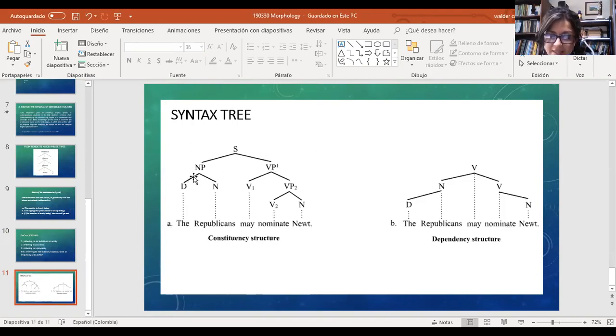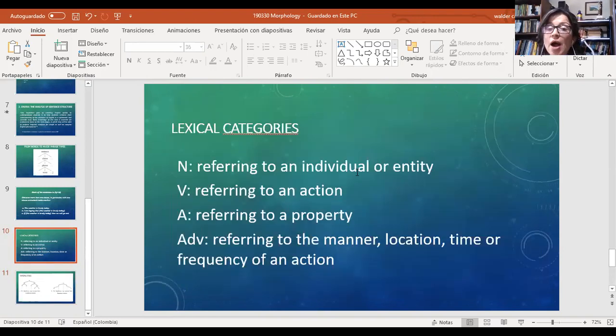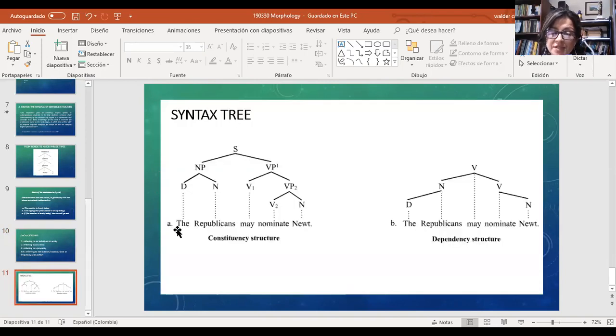A noun phrase can have a determiner and a noun. Here we see a noun referring to an individual or entity, but most of the time in English you need the determiner. So here you have the determiner, a lexical category, the Republicans: determiner, noun, therefore the noun phrase. The Republicans are the noun phrase, determiner and Republicans.